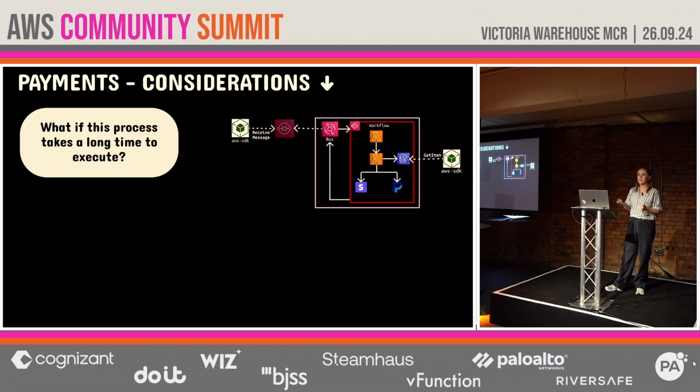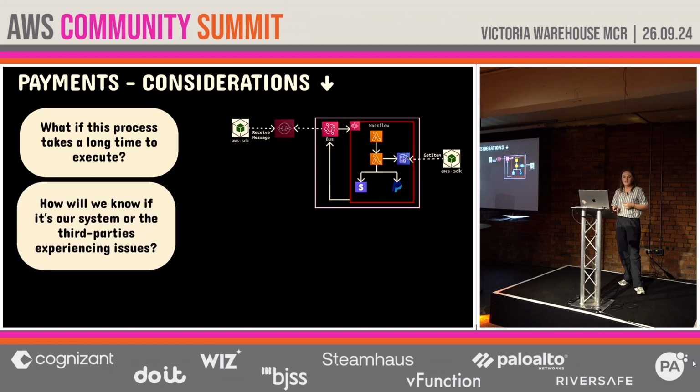You probably don't want your tests waiting around for that long at all. So asynchronous architectures can be problematic in terms of testing, because they lend themselves to long-running processes. And another one is, how will we know if it's our system or the third party that's having issues?